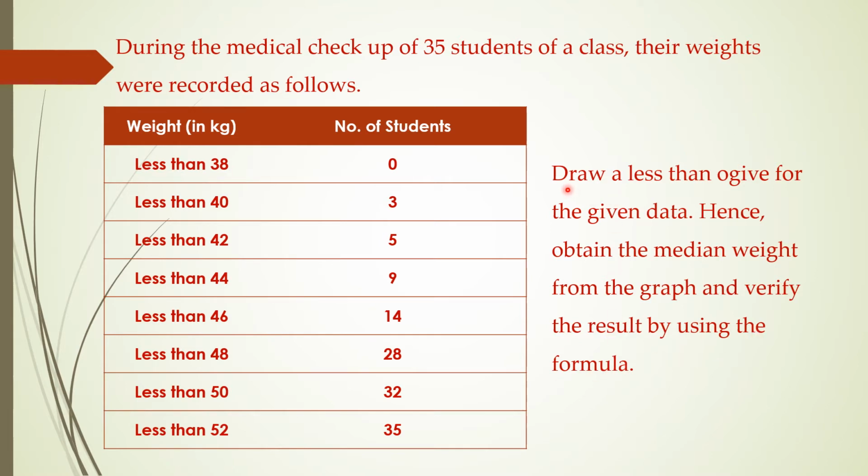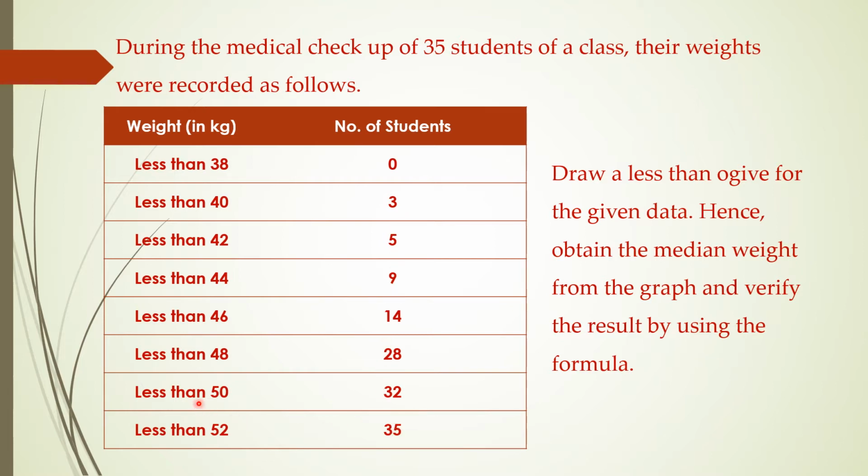First of all, you have to draw the less than ogive. To draw the less than ogive, whatever data is given to us is enough, because the data given to us is a less than type cumulative frequency distribution, in which we have the upper limits and the respective less than cumulative frequencies.